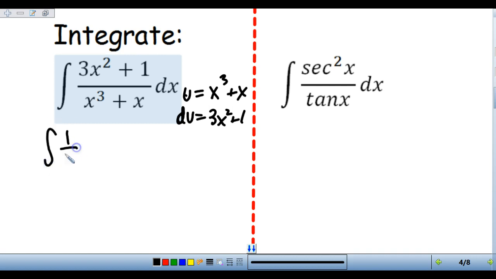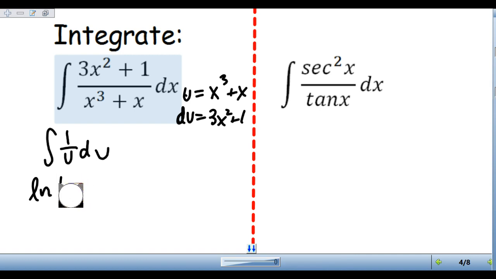So this is a 1 over u problem. So natural log the absolute value of x cubed plus x plus c.